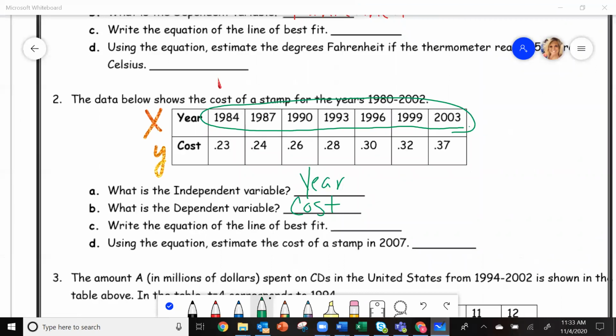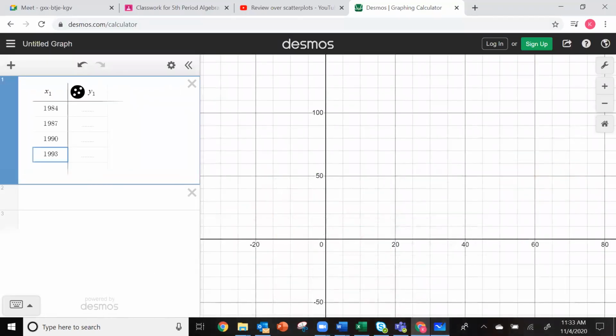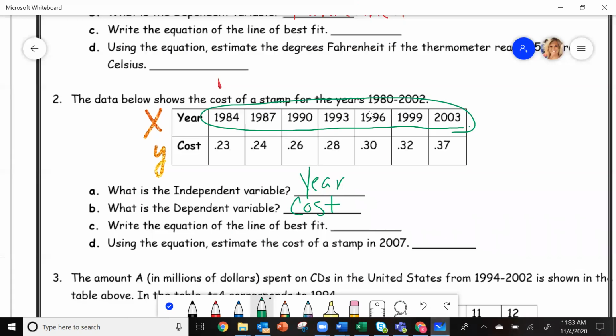Let's see, 93 and 96. Oh no, they're going up by 3 because that's how they started. See, it's looking for the pattern: from 84 to 87, they're going up by 3s.